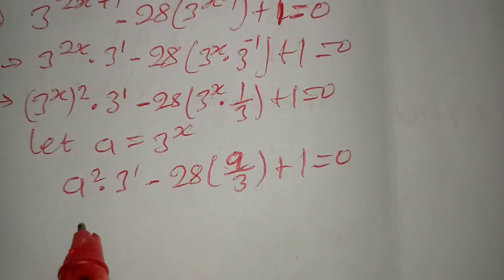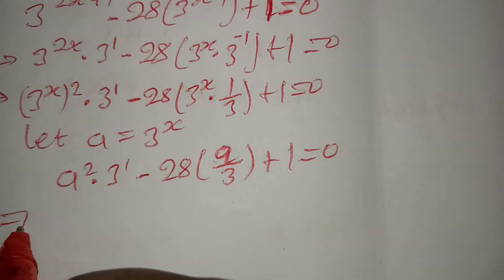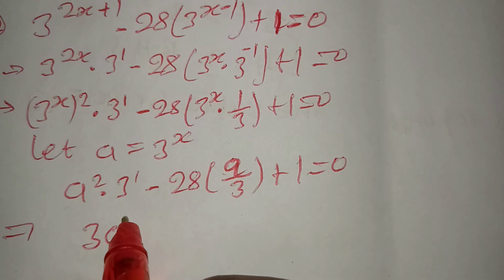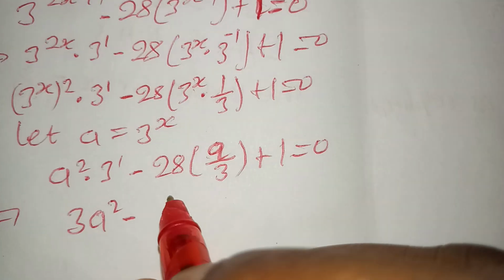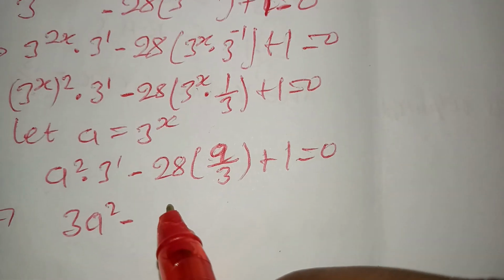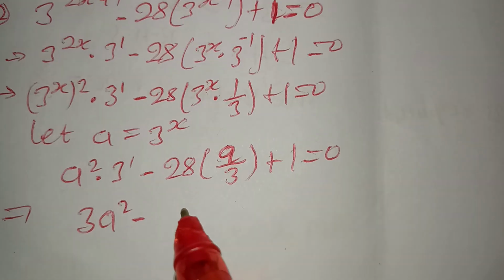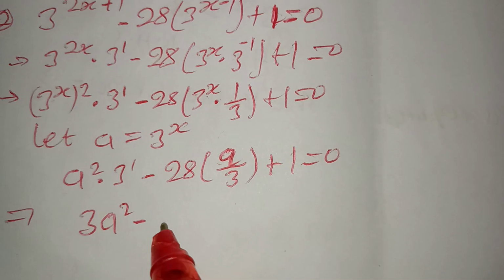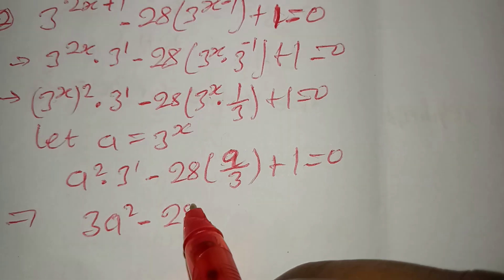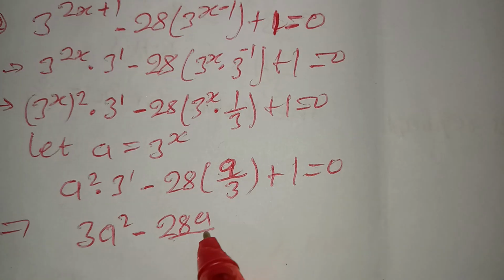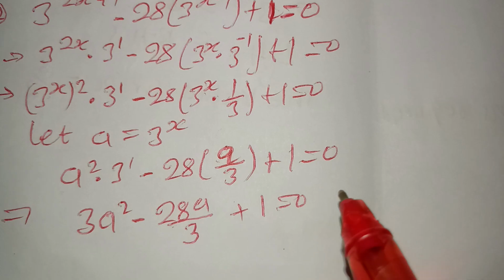So here we'll get 3a squared minus 28a over 3 plus 1 equal to 0.